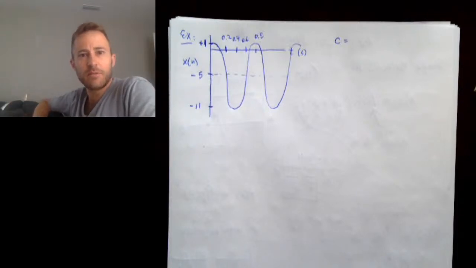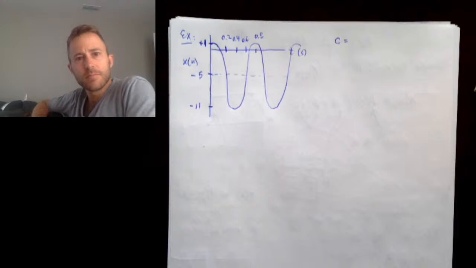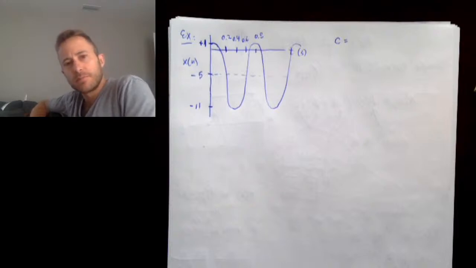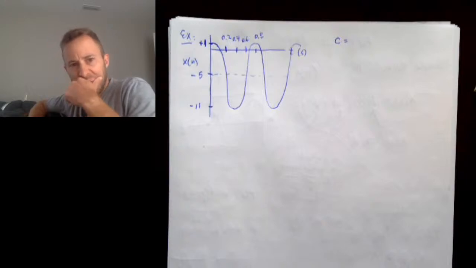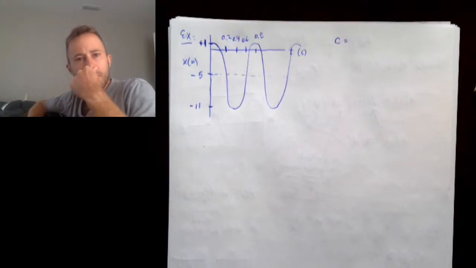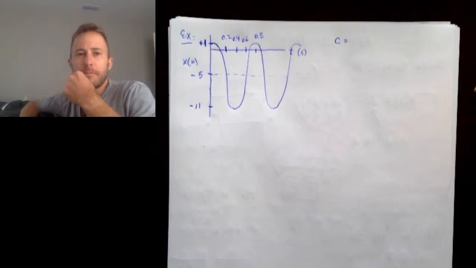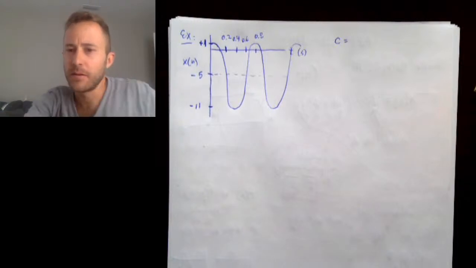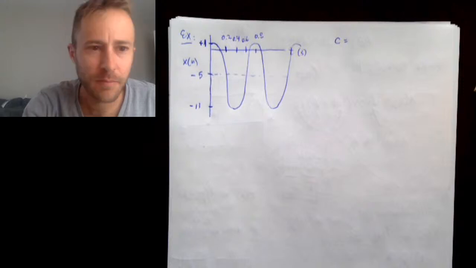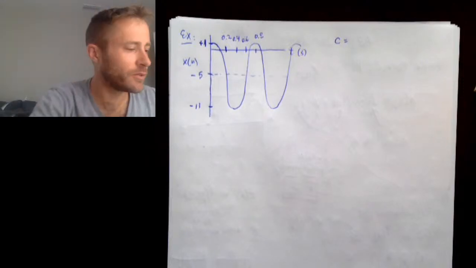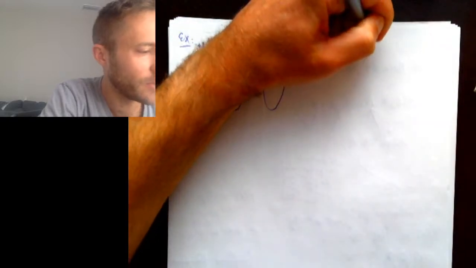Type it in the chat if you know. -5, excellent. So that means that C is -5 meters.